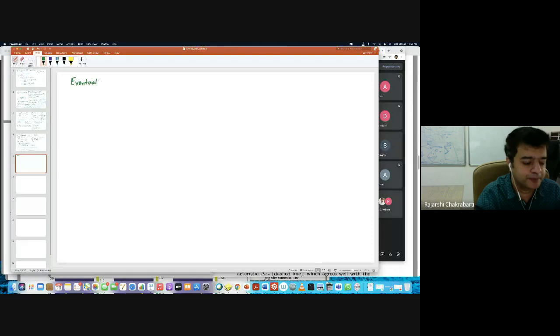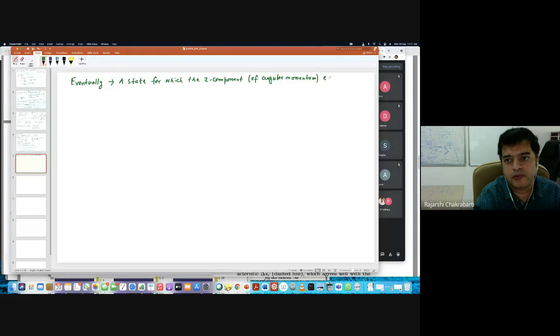So basically I can write: eventually, a state above which the z component of angular momentum exceeds the total, but it cannot happen, no?